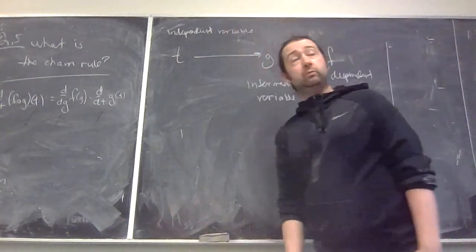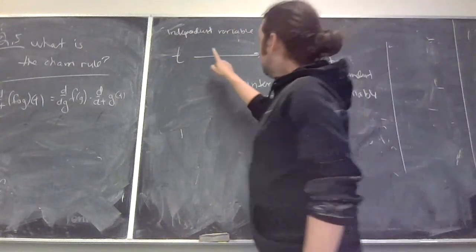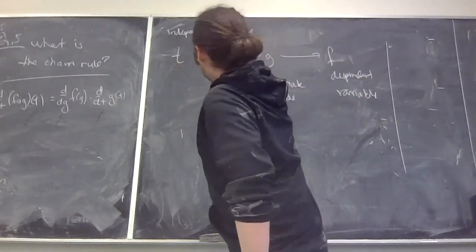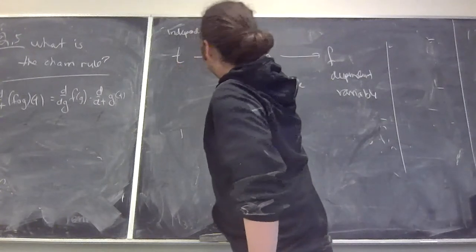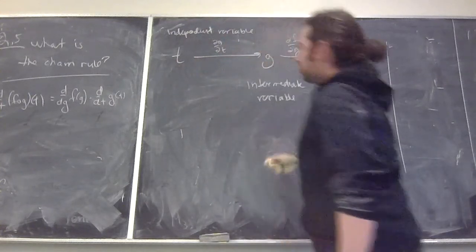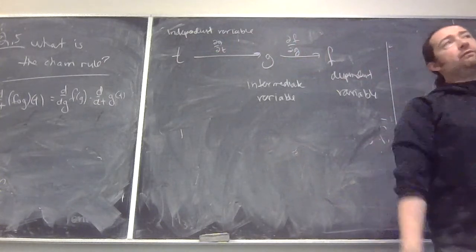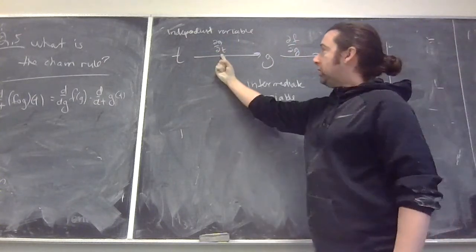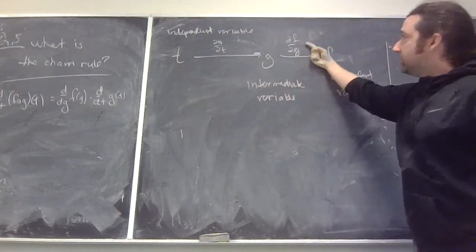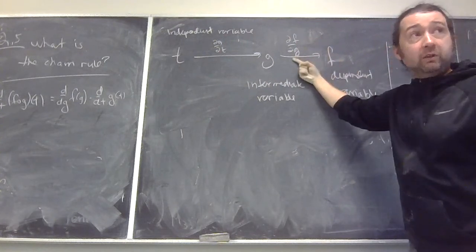How do we compute the chain rule? Well, if you think about our formula for the chain rule, the change that change in t imposes on g, we think of as dg dt. And then there's this df dg. And the total change is the product of those two things, right? The total change of a function is like the change that the intermediate variable has with the change in t times the change that the dependent variable has in terms of its intermediate variable g.